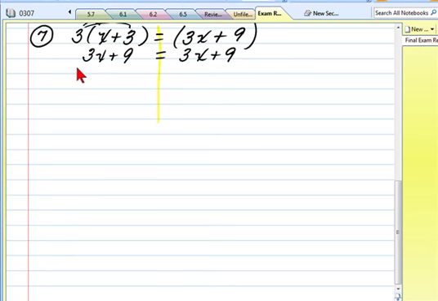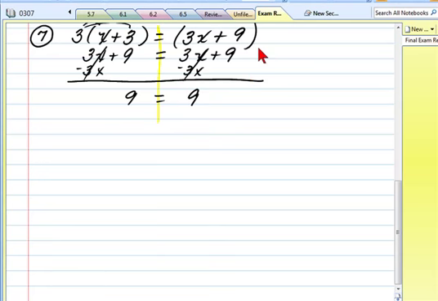So I'm going to subtract 3x, subtract 3x. What happens is, not only does it disappear from the left, but it disappears from the right. You're in one of those special cases. When you have the variables disappear and you're left with a true statement, what's the answer?